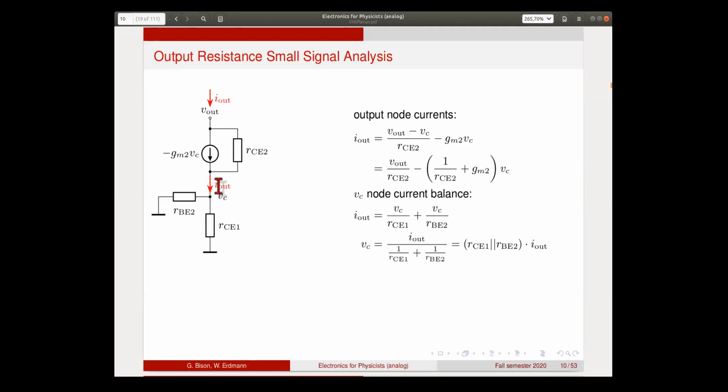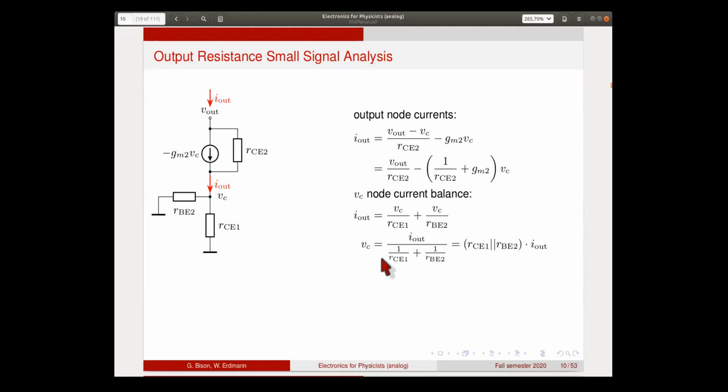The second equation comes from the second node where you can look at the current balance. The same current that flows in here must also flow out there. So again, we have I out is VC divided by RCE1, the current flowing through this resistor, plus the current flowing through this resistor, VC divided by RBE2.